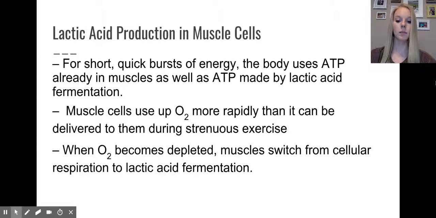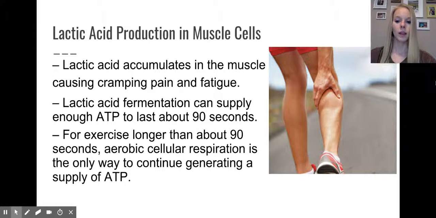When oxygen becomes depleted, your muscles switch from cellular respiration to lactic acid fermentation. Lactic acid accumulates in the muscle, which can cause cramping pain and fatigue. Like I said, this is a quick burst of energy and only supplies enough ATP for about 90 seconds. For exercise longer than about 90 seconds, aerobic respiration is the only way to continue generating a supply of ATP.